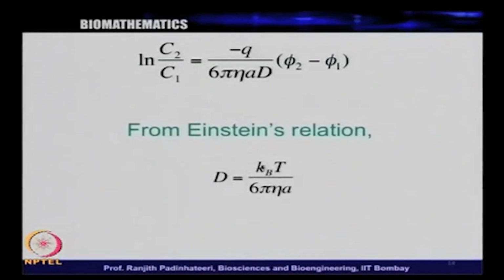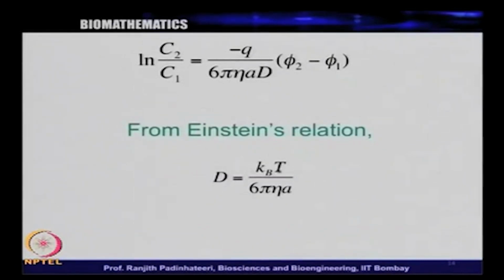So, kBT: kB is the Boltzmann constant, T is temperature, eta is the viscosity, a is the radius of the particle. So, this is a relation between the diffusion coefficient d and temperature and eta, the viscosity.